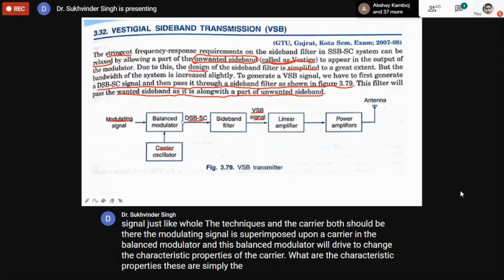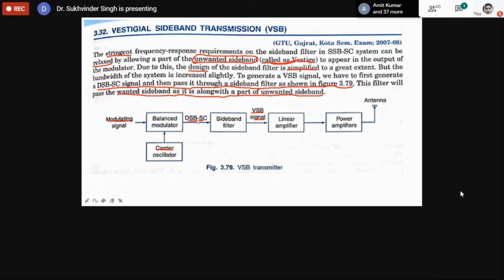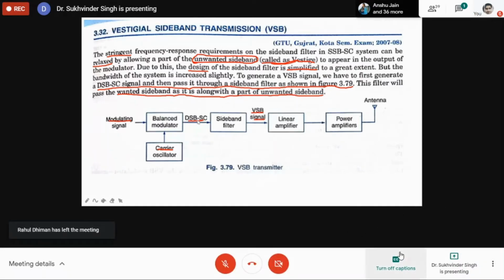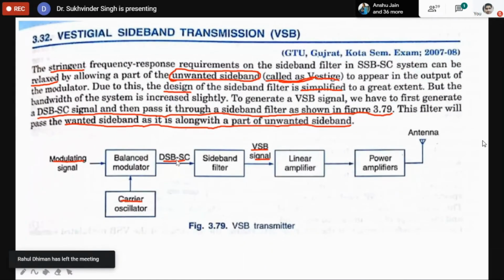So after the balanced modulator, we will get a modulated signal, and that modulated signal is our double sideband suppressed carrier. Now after this, we have two bands, and the carrier is suppressed in DSBSC, but two bands are present.